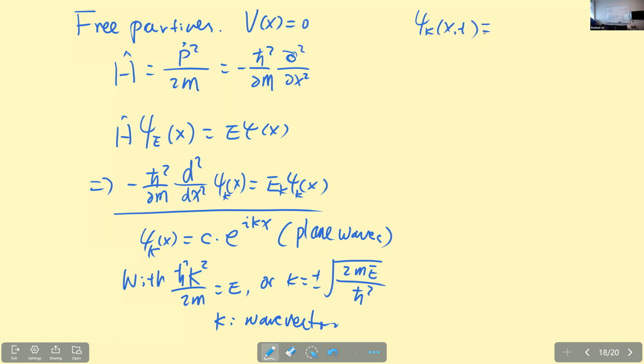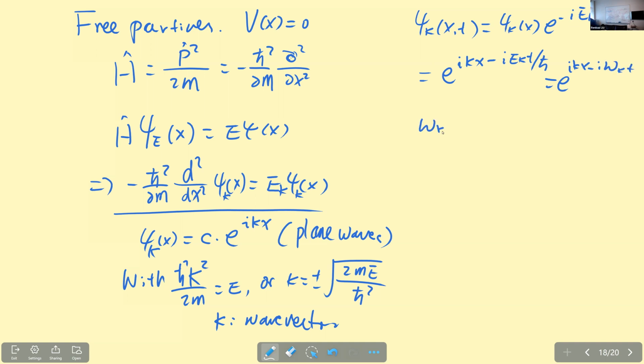So that will be psi_k(x) e to the minus i E_k t over h bar. So this is e to the i kx minus i E_k t over h bar. That's nothing but e to the i kx minus i omega_k t.